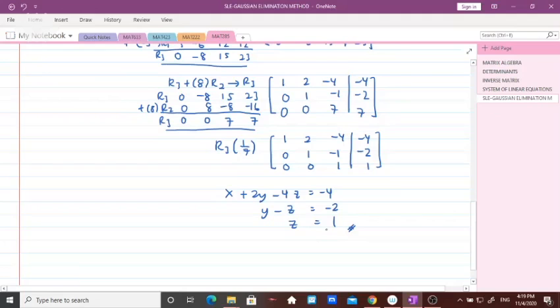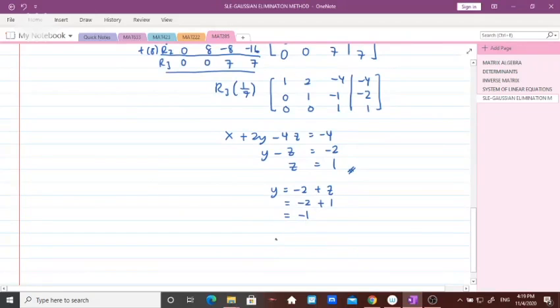We have the value for z, and then to find the value of y, we use second equation, then we just substitute. -2, z, we move to the right hand side, we have positive z. So just substitute the value of z, which is equal to 1, so y equal to -1.